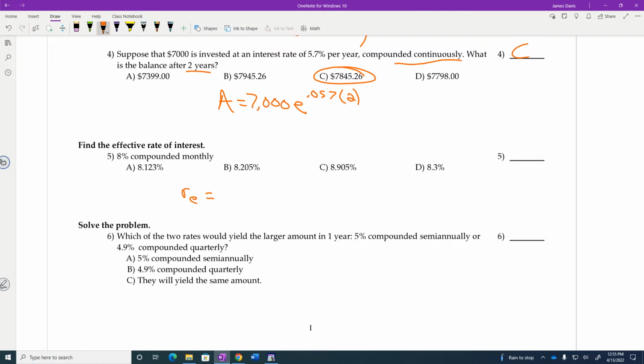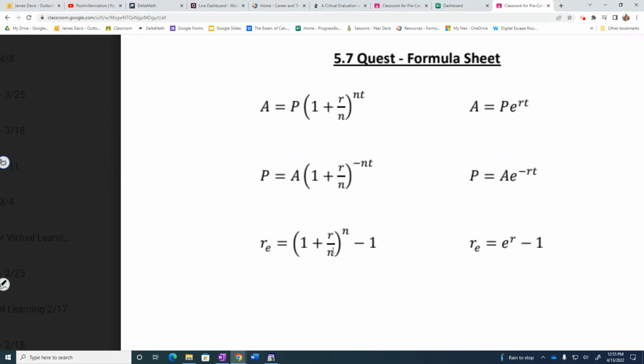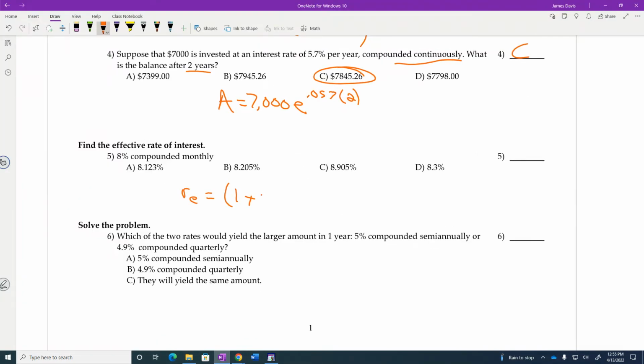So R sub E is going to be 1 plus, and then it's very similar to the interest formula. It's R over N to the N, but it doesn't have the T there, and that's minus 1. So it's 0.08 over 12, 1 plus that, to the 12th power, minus 1. Just show that you plugged it in.